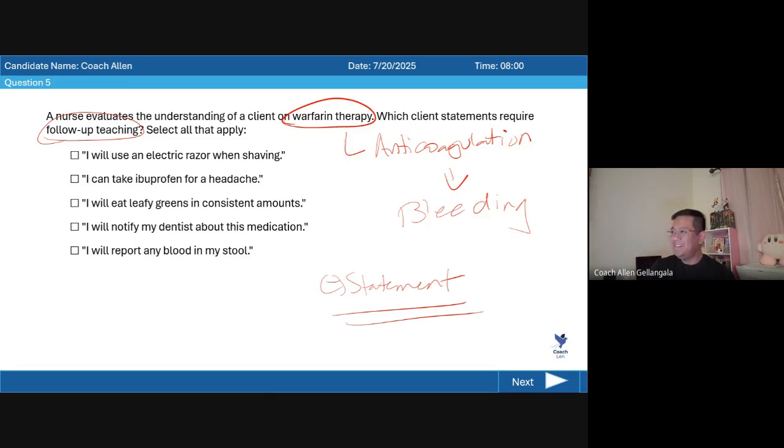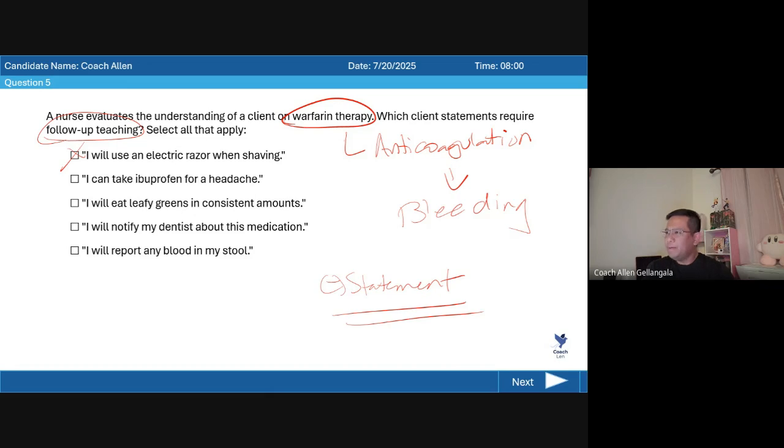Would it be good to use an electric razor? Yes. We are not going to use manual blade razors because that is prone to bleeding. Electric razors are safer and that is actually advisable. So it is not the negative statement, and that is eliminated.